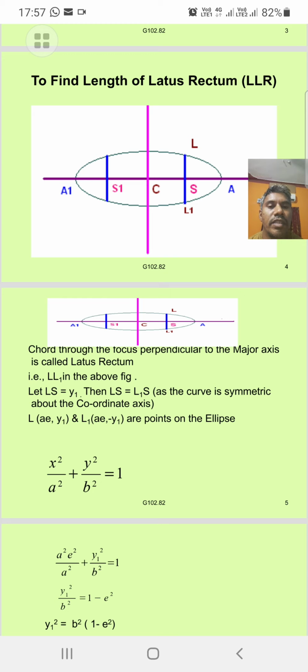He gives the equation and asks for the focus, center, vertex or latus rectum, whatever he asks, we have to find the parts. So if you understand the concept you can easily do it. So try to do exercise problems. If you have any doubts you can ask me, or call me, or message me on WhatsApp also, so that I will clarify your doubts. Do the homework problems, and the remaining we discuss in the next class.